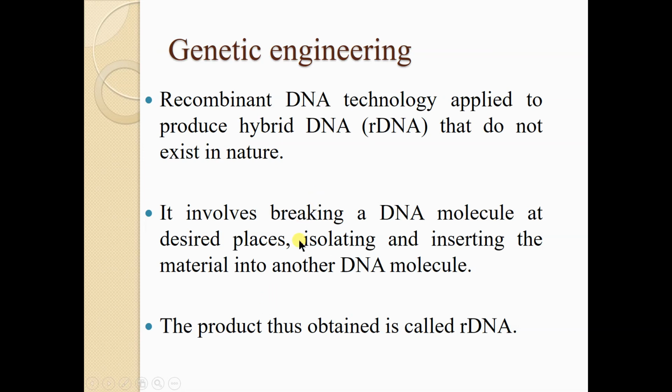Then we take that DNA and insert it into another DNA molecule. By inserting it into another DNA molecule, there is propagation through DNA replication, and the product thus obtained is known as recombinant DNA.